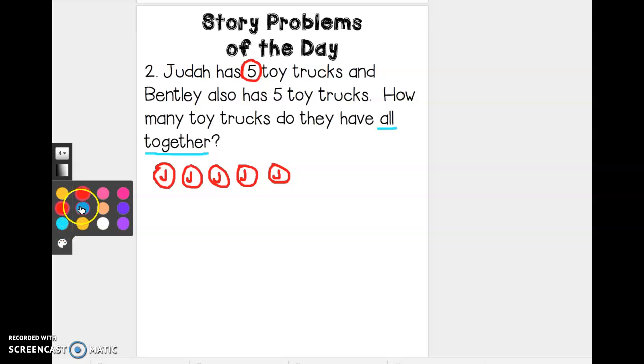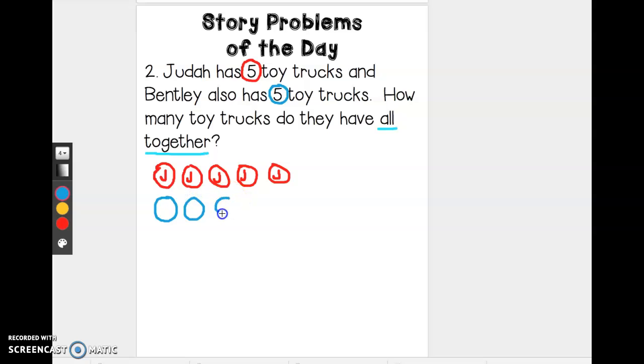Now, for Bentley's, he also had 5 trucks, but they're 5 different trucks, right? So I could use a circle again to represent his trucks. 1, 2, 3, 4, 5. So these are all Bentley's. They're different than Judah's. So now I want to know how many trucks there are all together.